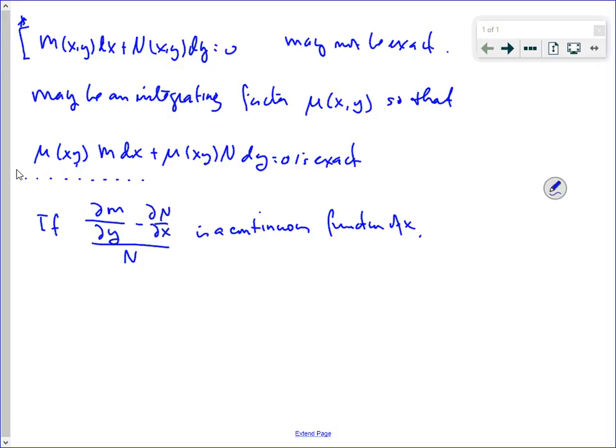We can come up with an integrating factor. If we integrate this mess with respect to x and take e raised to that power, that becomes an integrating factor.